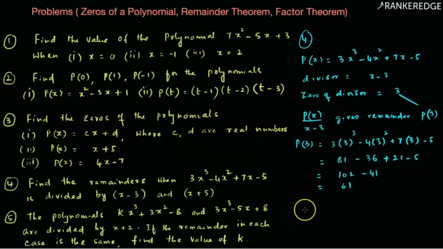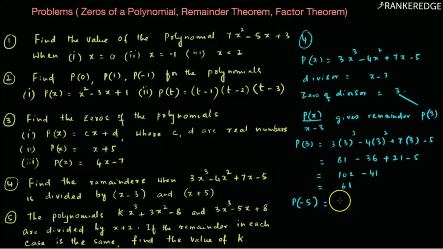Similarly, I can find the remainder when this polynomial is divided by x plus 5. The 0 for x plus 5 is what? Minus 5. So I have to find p of minus 5, and that will be the remainder when this polynomial is divided by x plus 5.